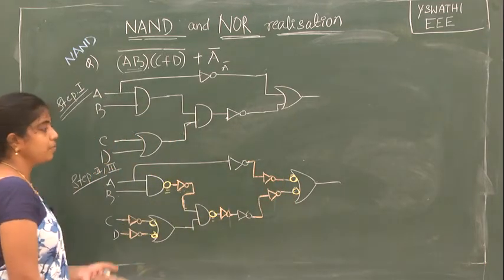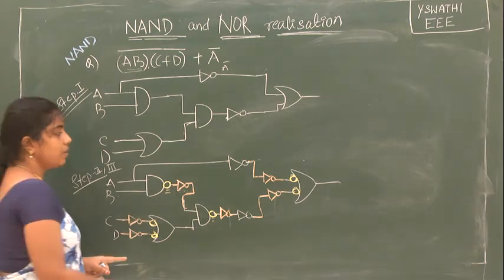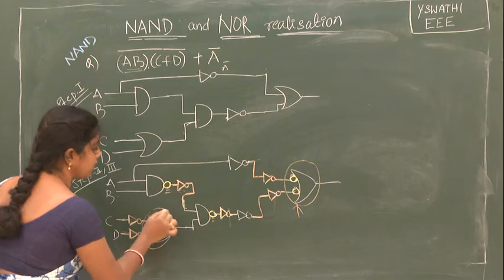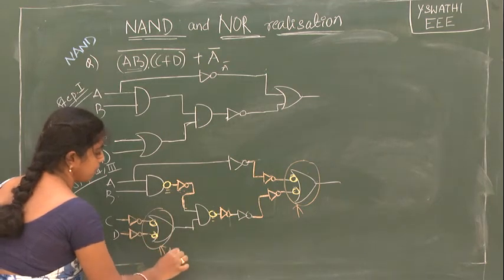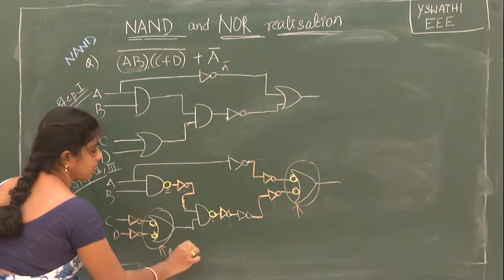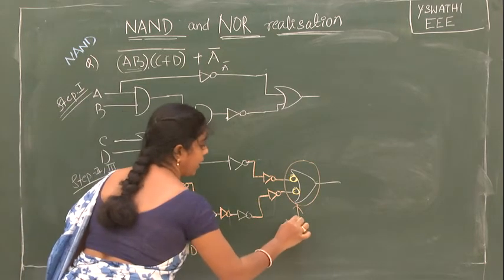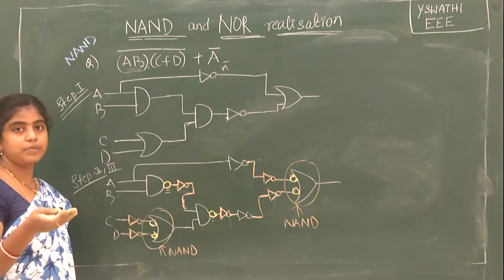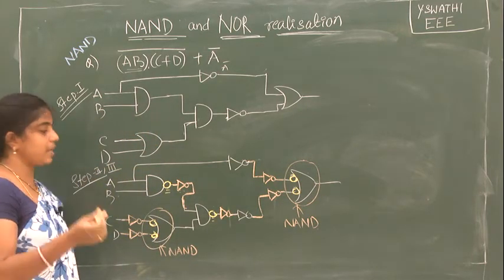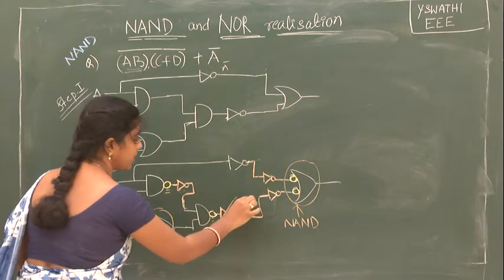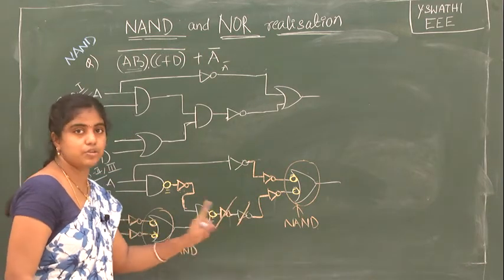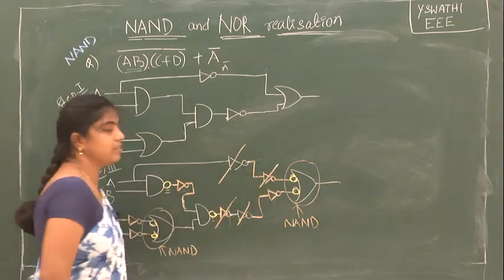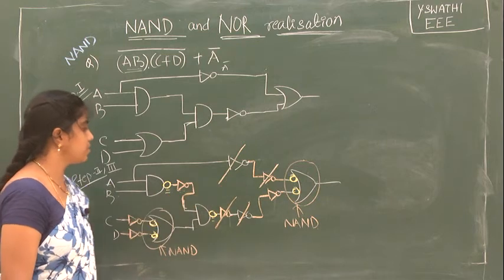Now what we have to do? We have to replace the bubbled OR gate with NAND gate. Okay? And the next and the last step is to drop out the double inverters, or the two inverters in the same line. If you see, these two inverters are in the same line, we can drop out these two inverters. And these two inverters are in the same line, we should drop out these two inverters.